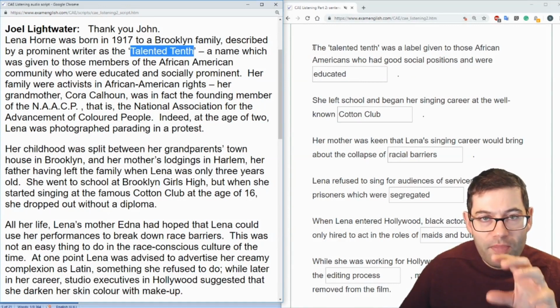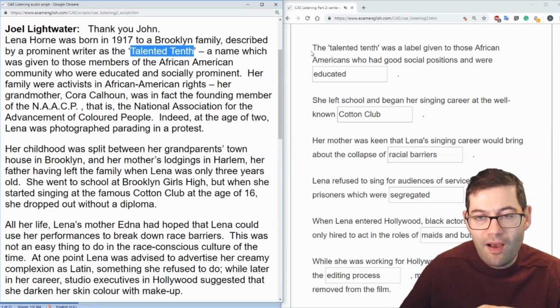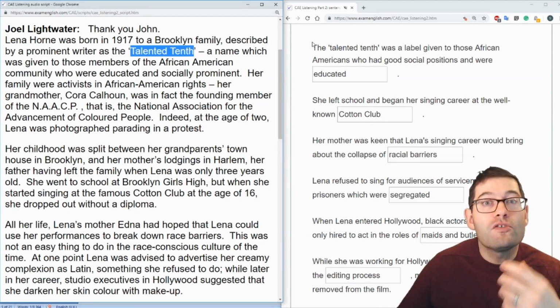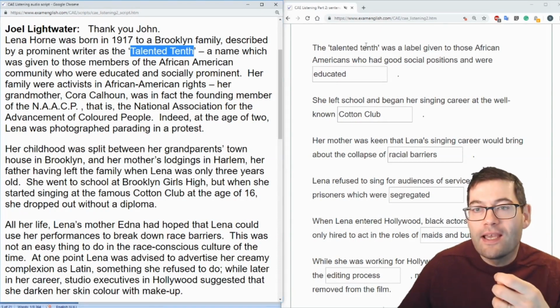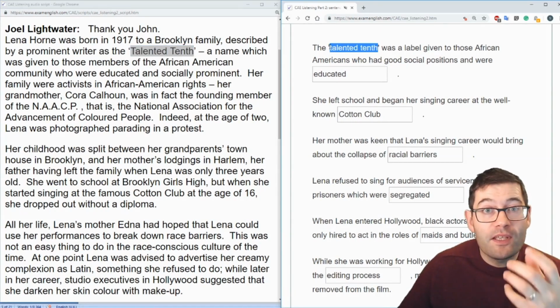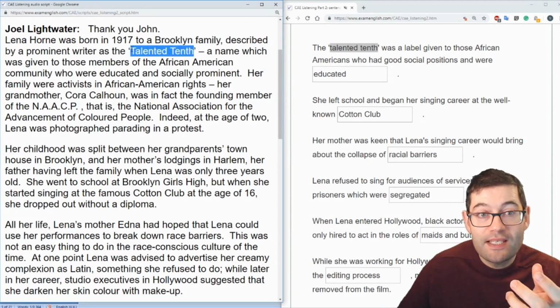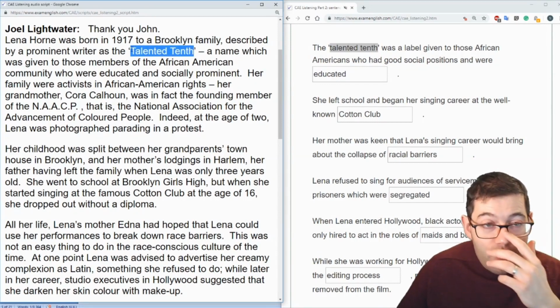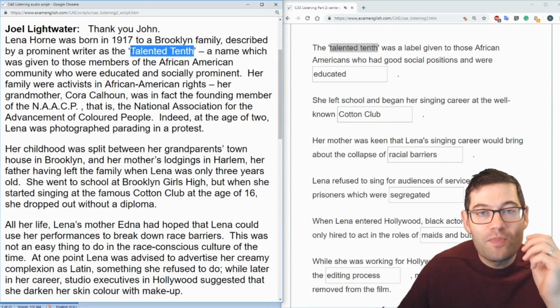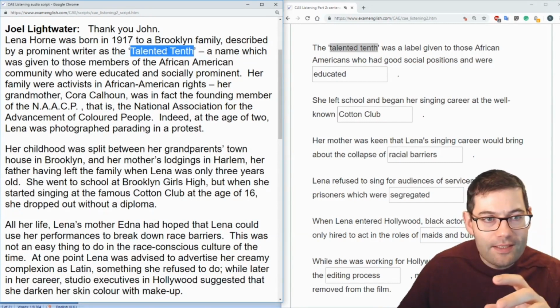So before you do the listening, you should be highlighting vocabulary that you expect to hear or you might hear a synonym of. And clearly talented 10th is something you would expect to hear. So when the person talking says talented 10th, your ears should be pricked up and ready to listen.